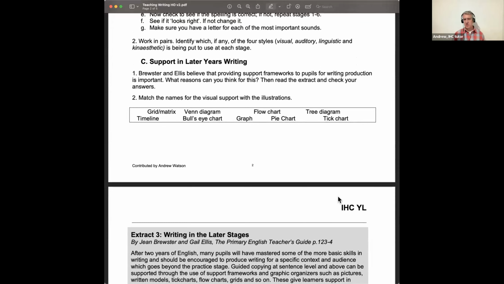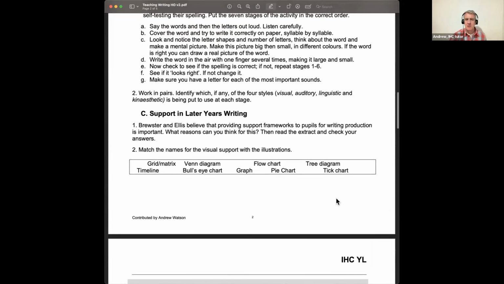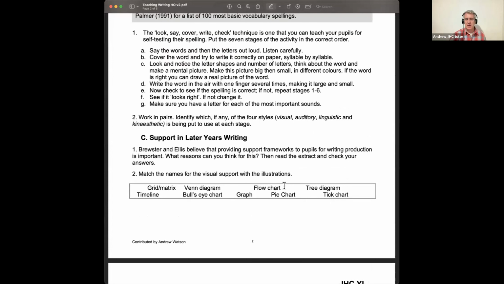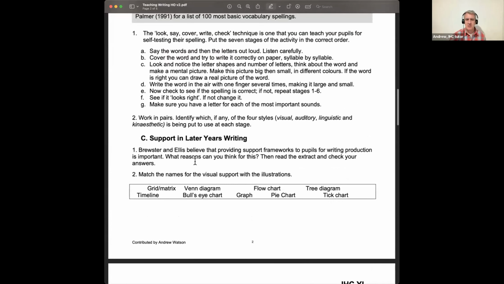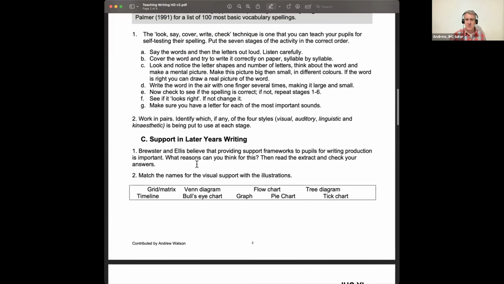What reasons can you think of for this? So this is question number 1. Just number 1, ignore number 2 for the minute. It's tempting. Why do you think they believe that providing support frameworks to pupils for writing production is important? The actual writing.